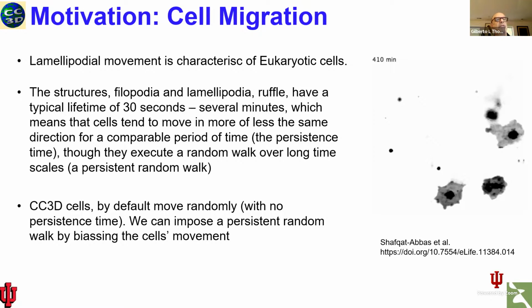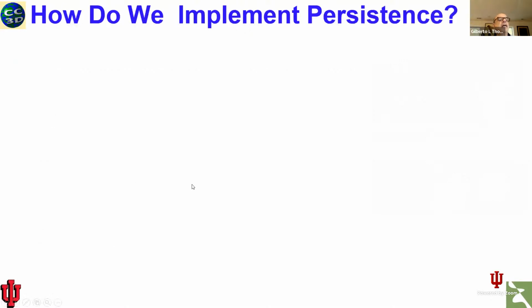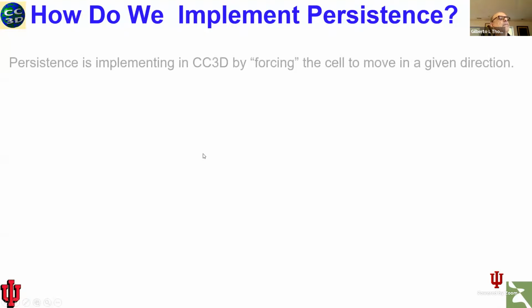So we don't have persistency in the basic CC3D motion. We have to impose this by an external function. How do you implement that then? This is implemented by forcing the cell to move in a given direction.